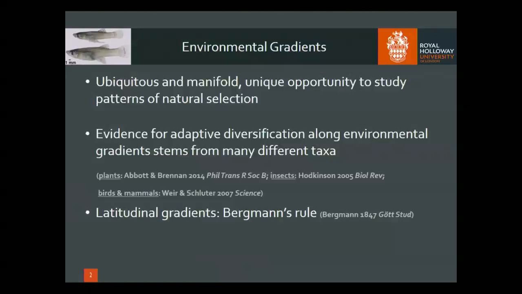And one of the most well-studied gradients is the gradient of latitude, which is mainly driven by the fact that a lot of people are interested in evaluating whether organisms respond to latitude conforming to Bergmann's rule, which, at least in short, posits that organisms should get larger with higher latitudes due to thermoregulation. And while this was initially posited for endotherms, there's now quite a bit of evidence that this often seems to apply also to ectotherms.